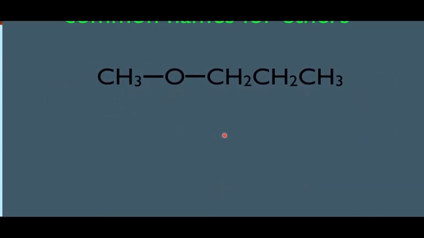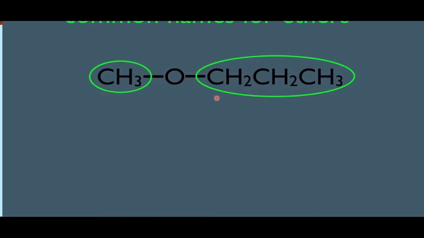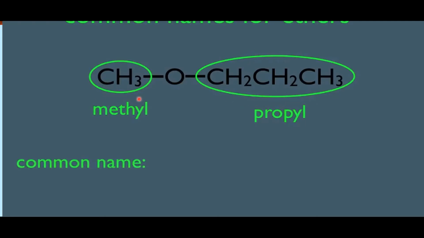Let's take another example. Let's understand it briefly. In the common name system, if there is one alkyl group on either side of oxygen and another alkyl group on the other side of the oxygen atom, this will be propyl group and this will be methyl group.